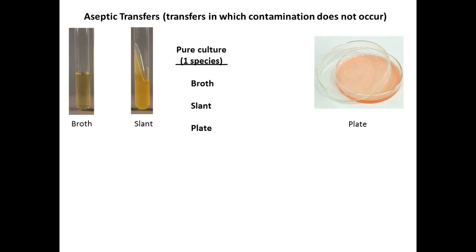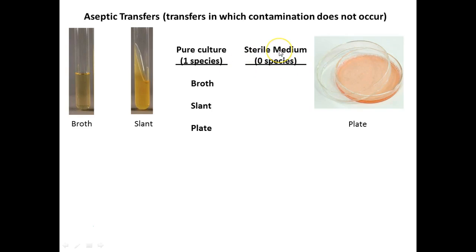So aseptic transfers, again, are transferring where contamination doesn't occur. You start with a pure culture, a single species, hopefully. And it could be in any of these forms: on a plate, on the solid culture media in a petri dish; in a tube, in a slant orientation; or in a broth, a liquid food source.